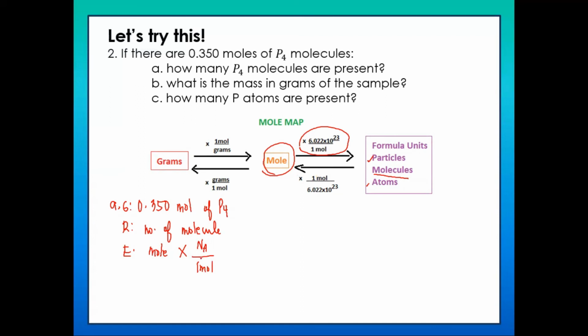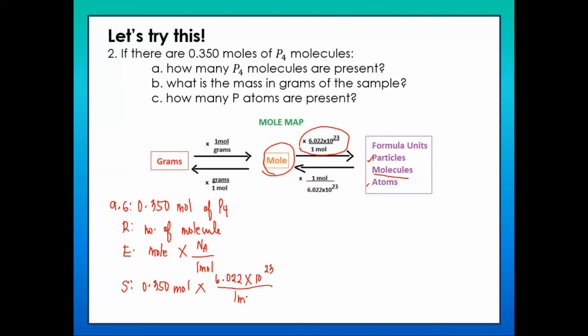Okay, wag malilito. N sub A is just your Avogadro's number. That is equal to 6.022 times 10 raised to 23. Constant yan.